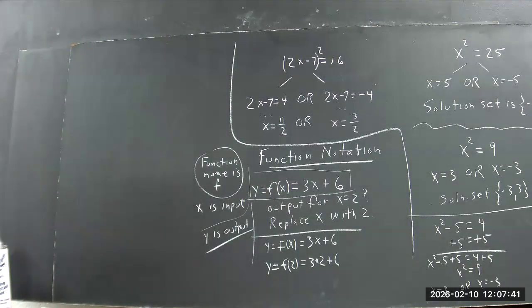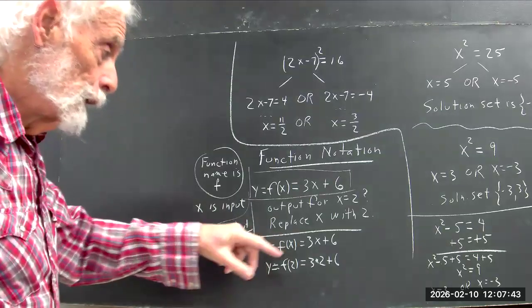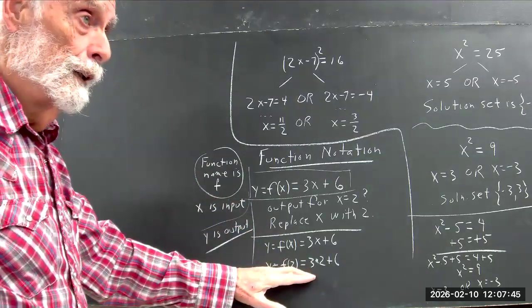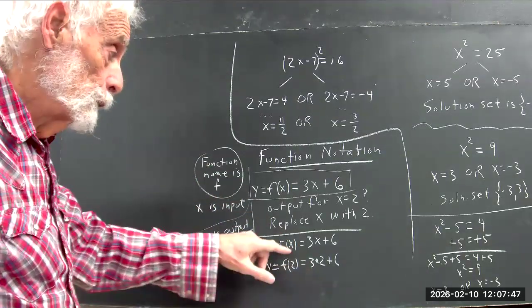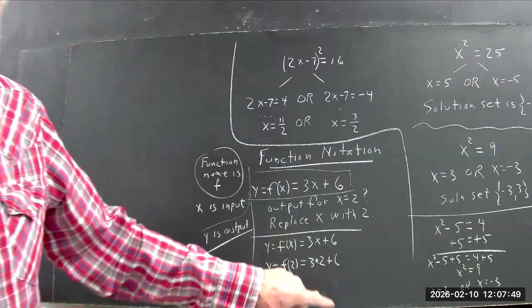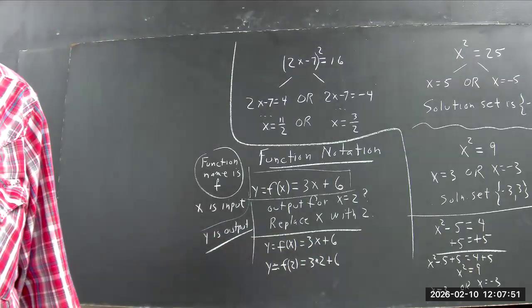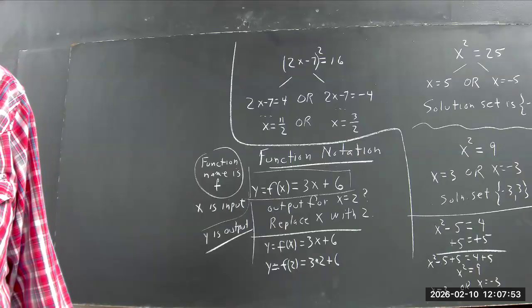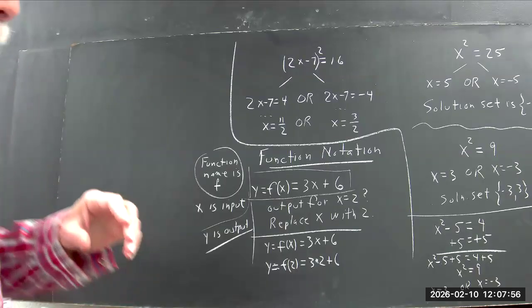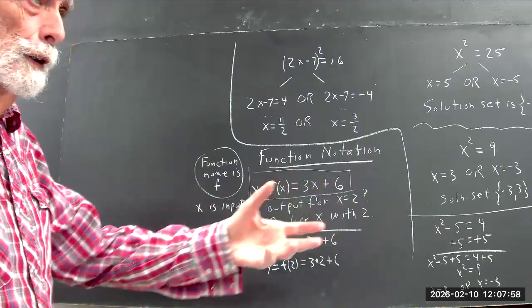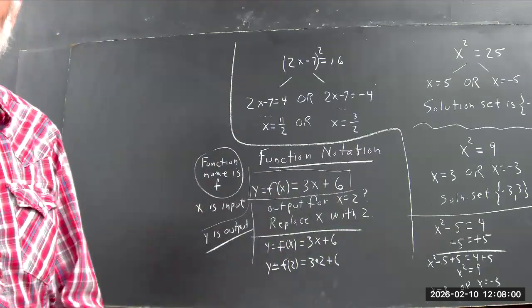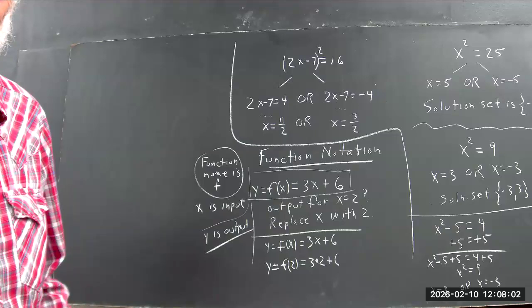Literally write this out and then write it out again. And the only thing you change is you replace all the x's by 2. That makes sense? Do that. Don't do it intuitively. Do it until it's intuitive what you're doing.